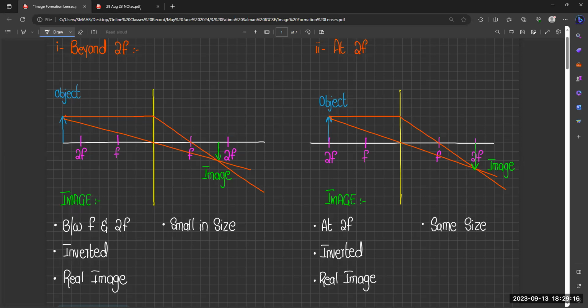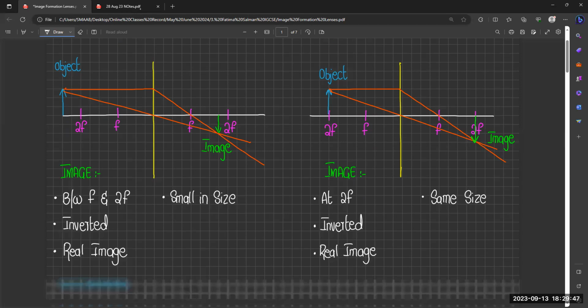So both are moving in opposite ways. Now if we consider the third case, then you will be able to understand more clearly how your image is going to shift away from the lens.